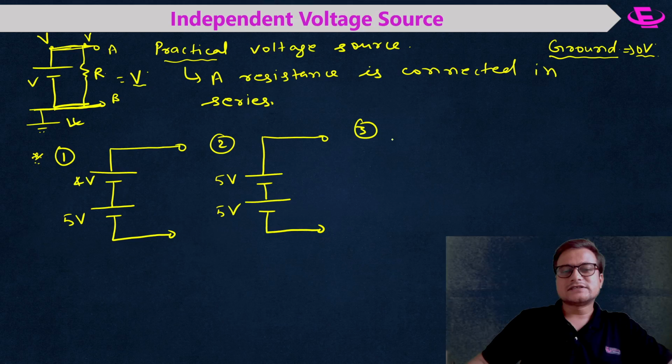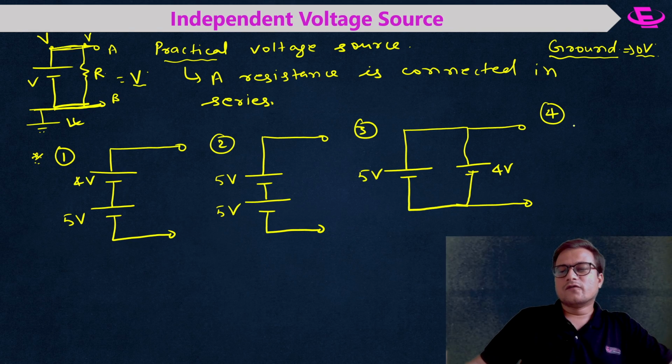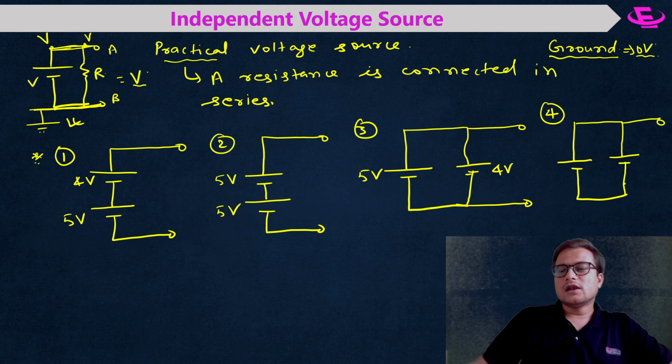Let us draw the third circuit. Here I am putting 2 batteries in parallel. Again there is a common terminal, and this one is 5 volt, this one is 4 volt. Next, the fourth one: you have a battery, again you have another battery, across terminals A and B. Now here both the voltages are the same, 5 volt, 5 volt.